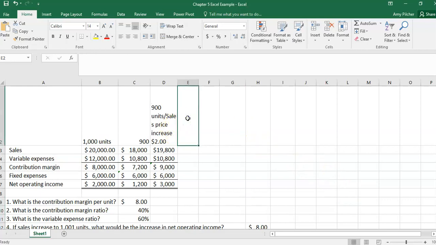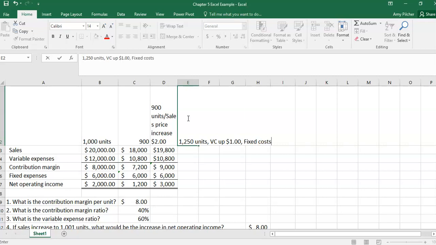So now we have 1,250 units. Variable costs up $1 and fixed costs up $1,500.